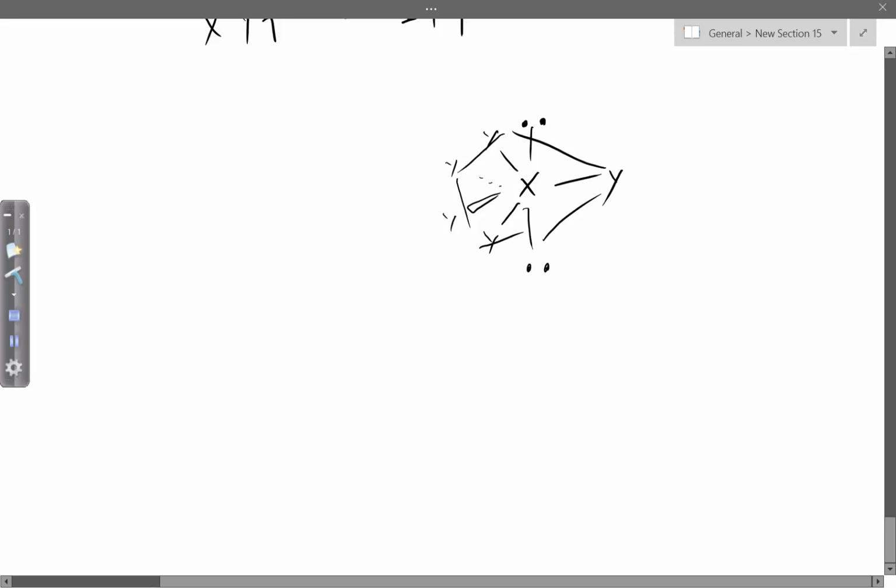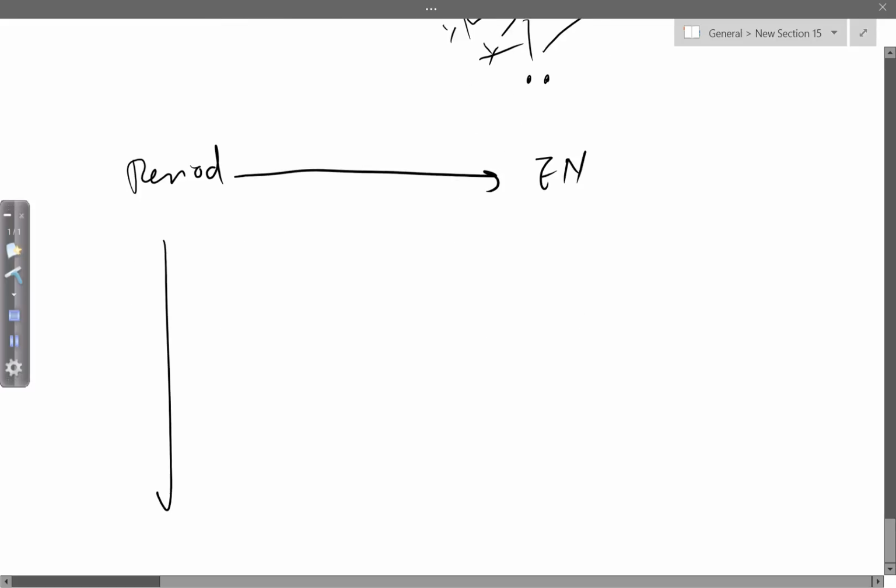Now the question is, when do I use electronegativity and when do I use size? The first one talks about electronegativity, the second one talks about size. The general rule of thumb is that if you are comparing atoms of the same period, you use electronegativity. If you are comparing atoms of the same group, you use size.